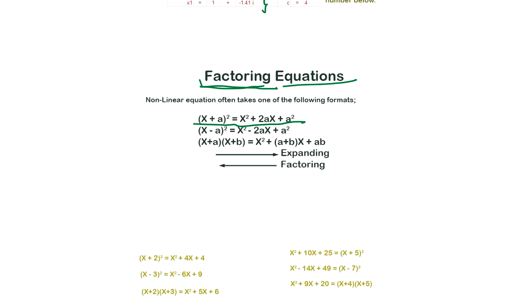What factoring means is the same thing as, say, 33 is factored into 3 times 11, right? So we do that at the equation level. The x squared plus 2ax plus a squared can be factored into this or expanded into this.